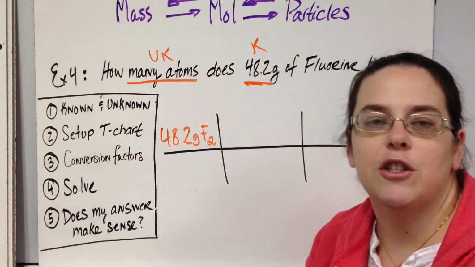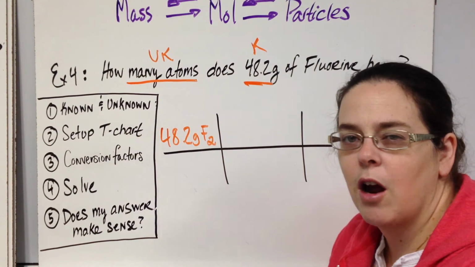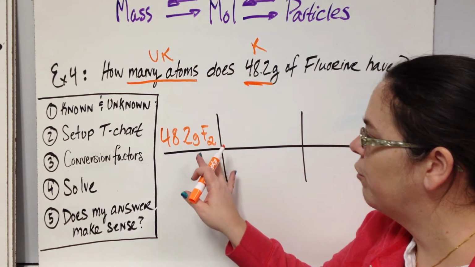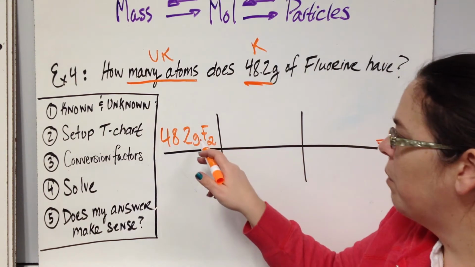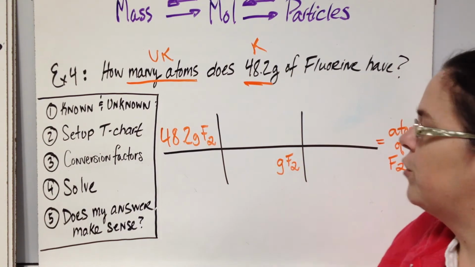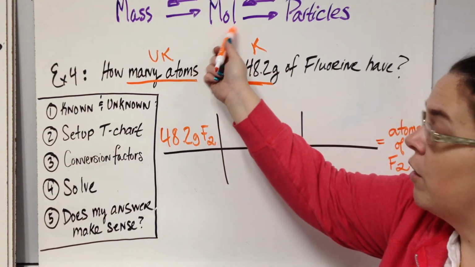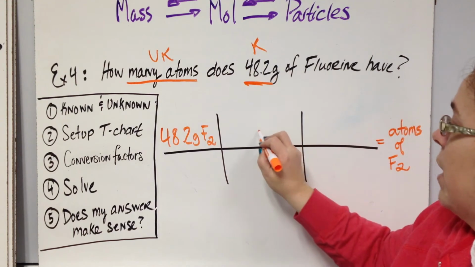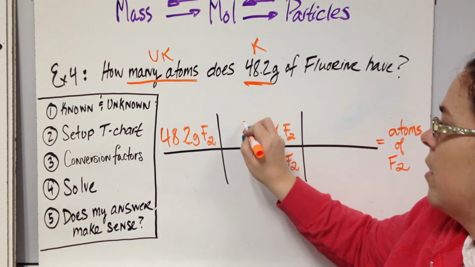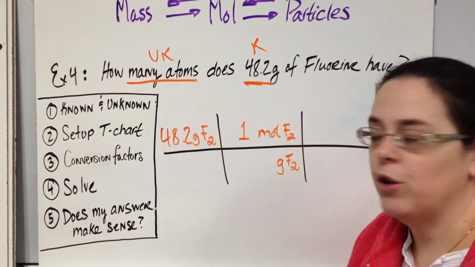Okay, so we've set up our T-chart. Now we need to start plunking in our conversion factors. The conversion factor that we want to do first is molar mass. So we want to get rid of grams of F2, so we're going to write grams of F2 here. And our next step is going to be moles, so we're going to write moles of F2 here. It's always going to be 1 mole of F2.